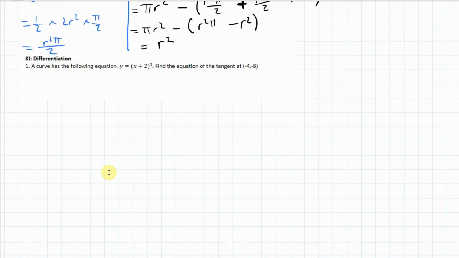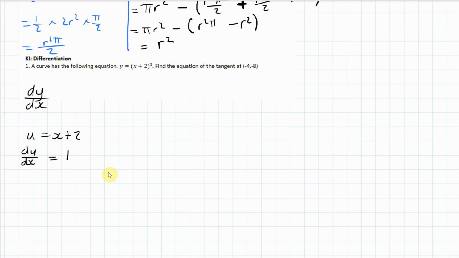Okay, the next one I'm trying to differentiate and find the equation of a tangent at a particular place. So dy dx, maybe I'll use the chain rule. So I'm going to say u equals x plus 2, and so du dx is going to be equal to 1. Oh, this is nice and simple, isn't it, really?